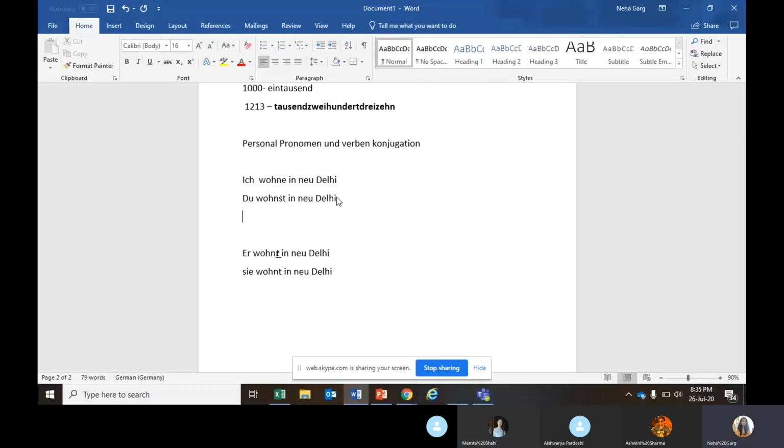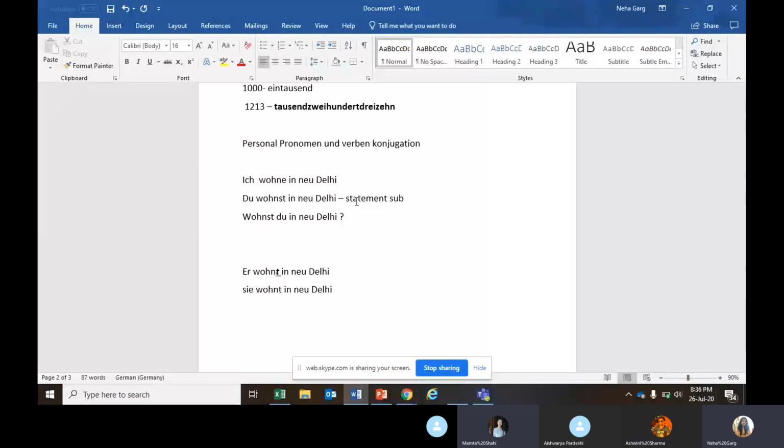Now, just to make it a question, let's say you're asking somebody, do you live in Delhi? You won't be saying, Du wohnst in Delhi. It's a statement. But to make it a question, you would be using the verb in the first place and then du in the second place. Wohnst du in Neu Delhi? So this is a statement, right?